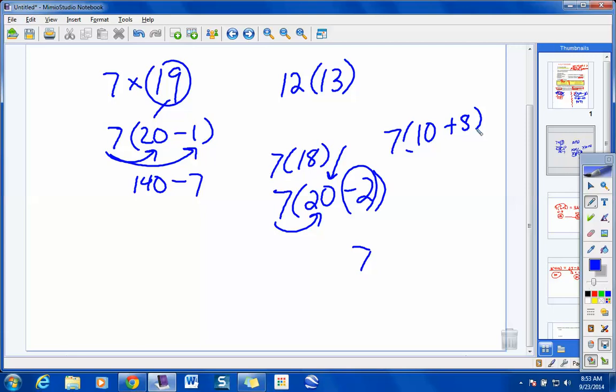Okay, so this would really be a 70. And then 7 times the 8 would be what? We know our facts, right? 56, okay? And then just add them up. And what's that going to add up to? 126, right? Okay.